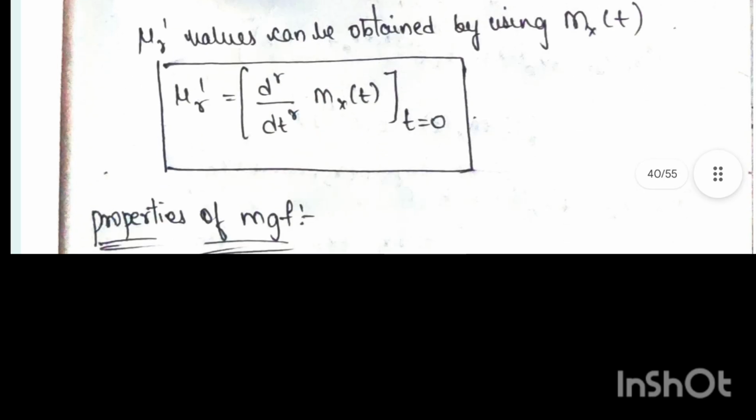For easy and simple calculations, if you apply r equals 0, 1 and so on, you will get mu0 dash, mu1 dash, and so on. Differentiating, mu r dash is equal to d to the power of r divided by dt to the power of r of Mx of t at t equals 0.